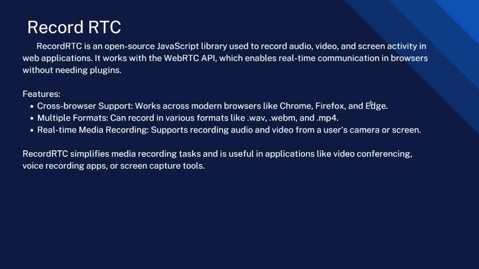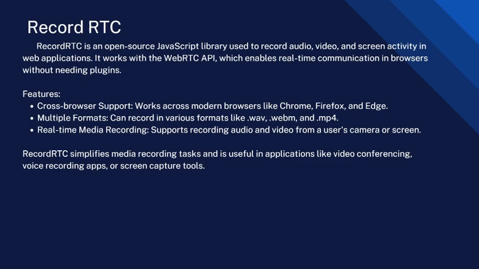So next is Record RTC. It is an open source JavaScript library used to record audio, video, and screen activity in web applications. It works with the WebRTC API, which enables real-time communication in browsers without needing plugins. What are its features? Cross-browser support.